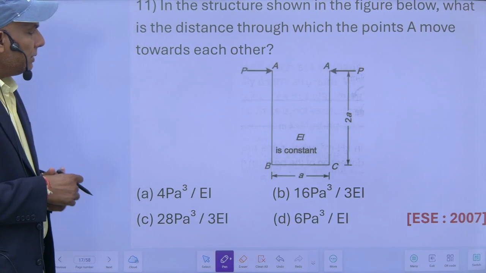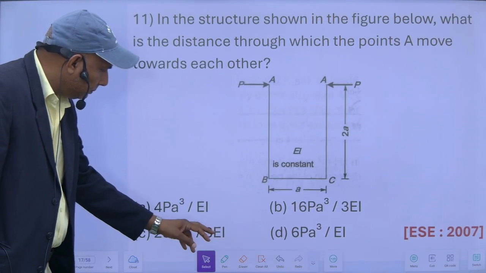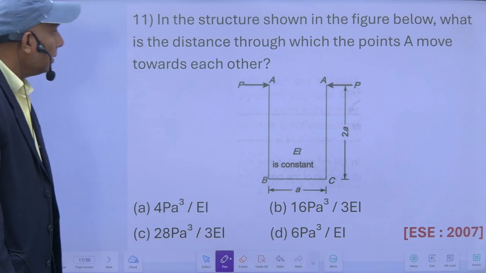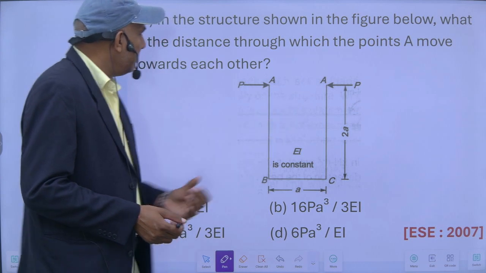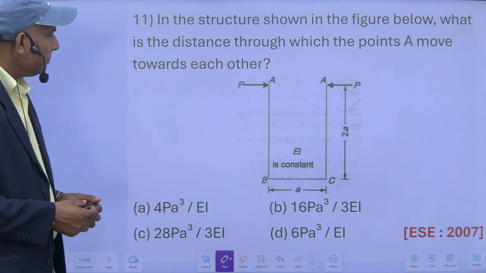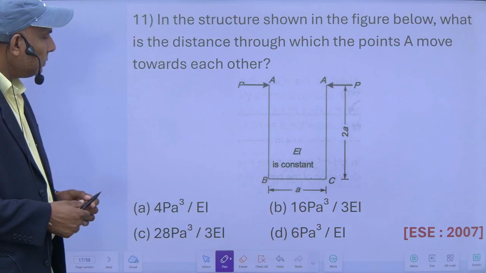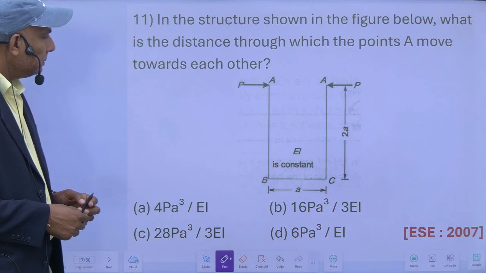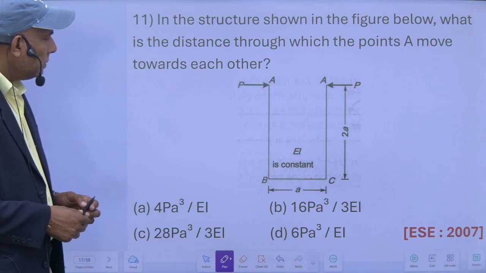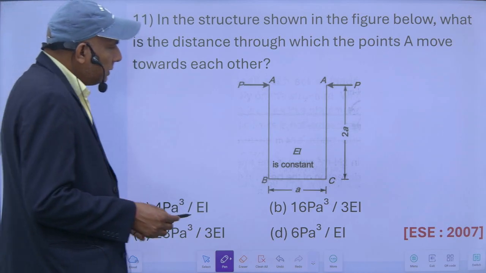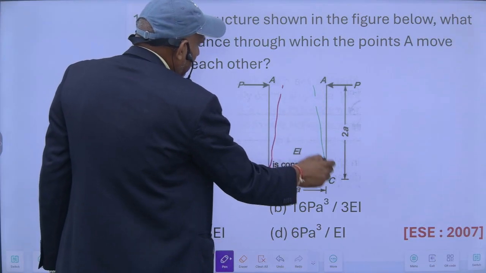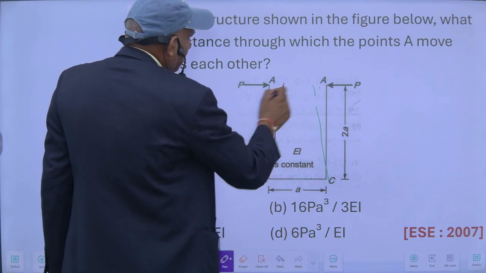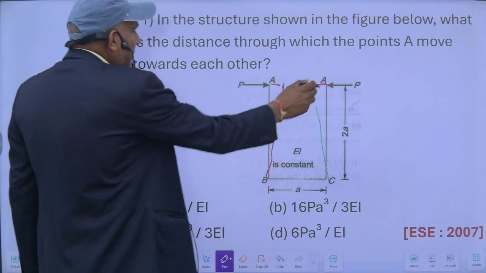In the structure shown in the figure, what is the distance through which the points A and A move towards each other? So deflection, it will deflect, suppose like this, and so total deflection will be this plus this, and both will be same.